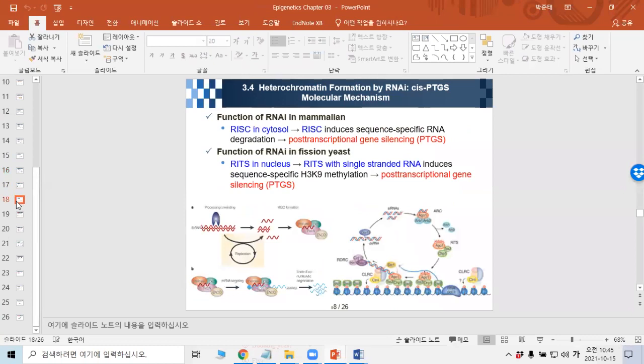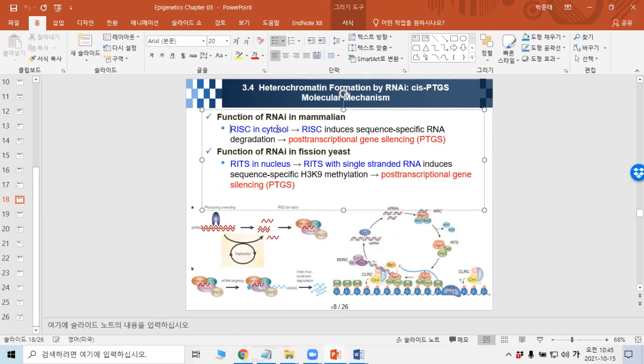There is also a difference between the function of RNAi in mammalian cells and the function of RNAi in fission yeast. In mammalian cells, they make the RISC complex in the cytosol.